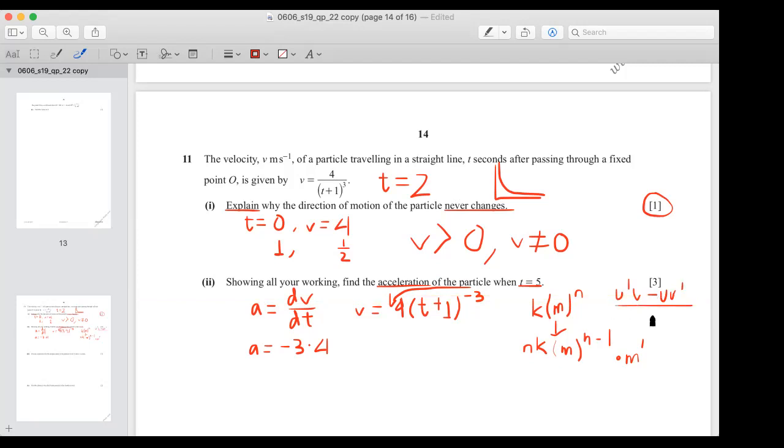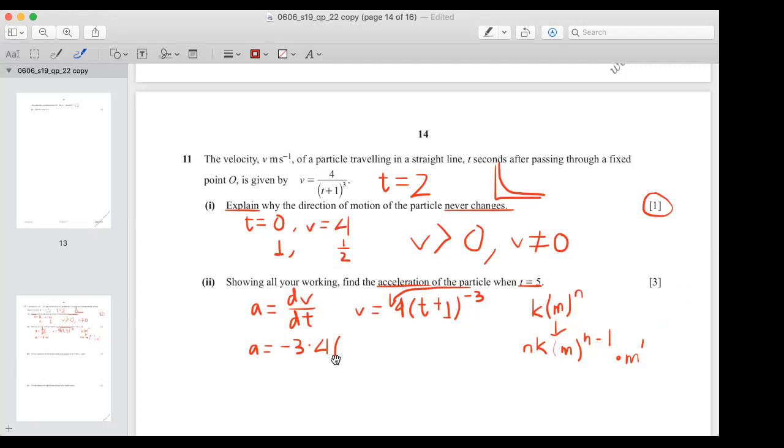You can use this equation where the denominator is v and the numerator is u. However, I prefer to use this equation since it's a simple one, and the working is much shorter in comparison to this. So I'll be using this instead.